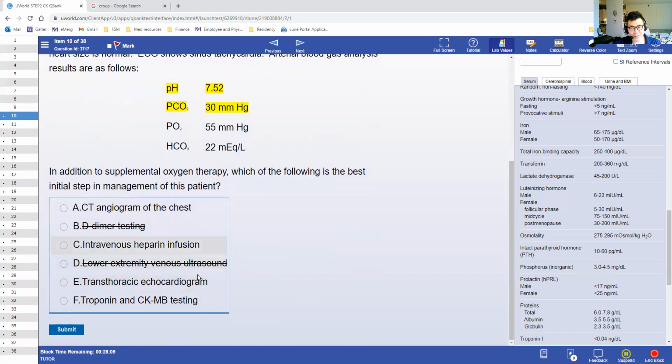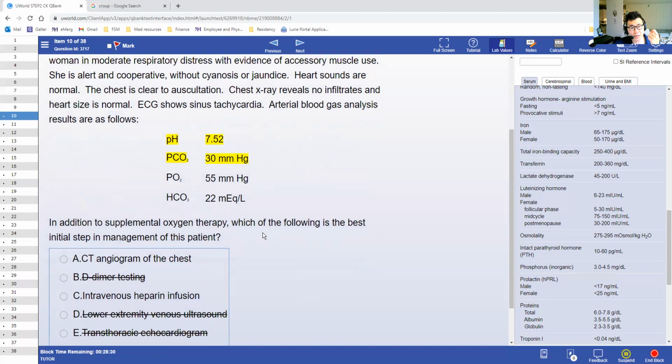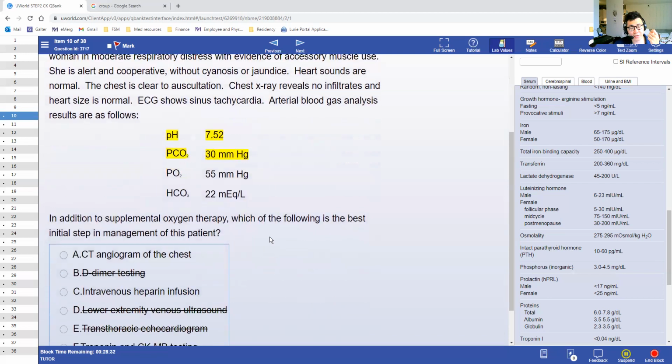Too late for that. Echo, no. Troponin, I'm not suspicious about a heart issue at all. I'm not concerned about a cardiac function issue. Yeah, so it really comes down to: do I start heparin now or later? Heparin first or a CT angiogram first?